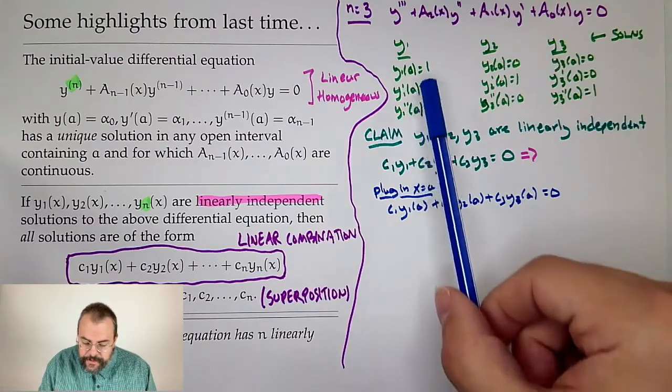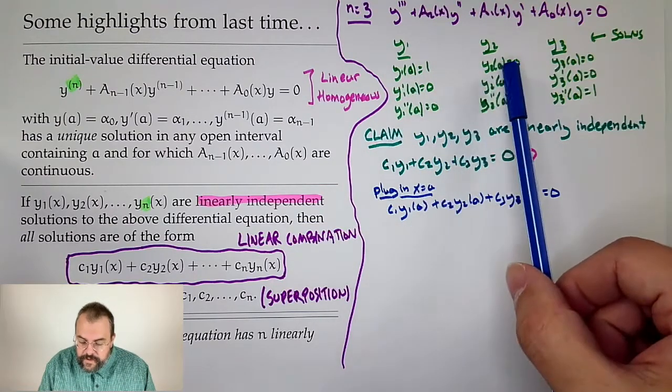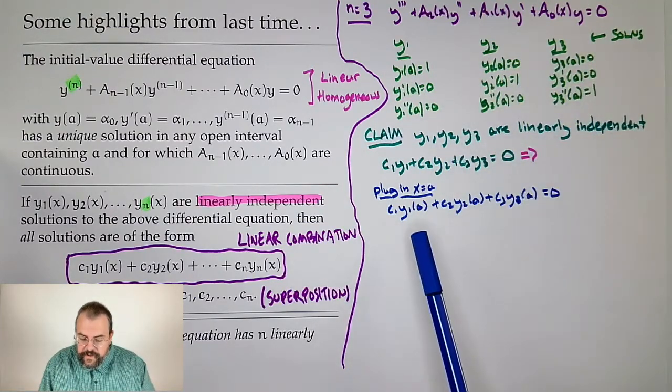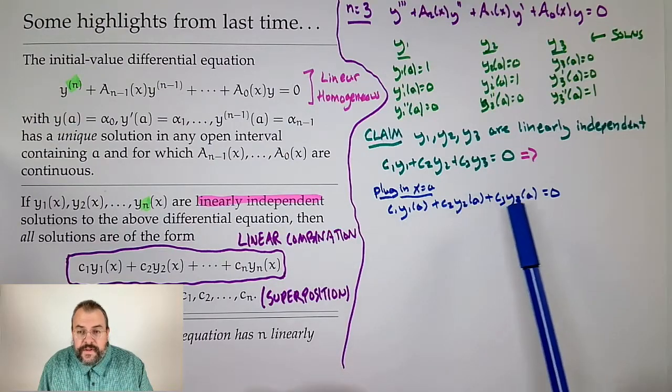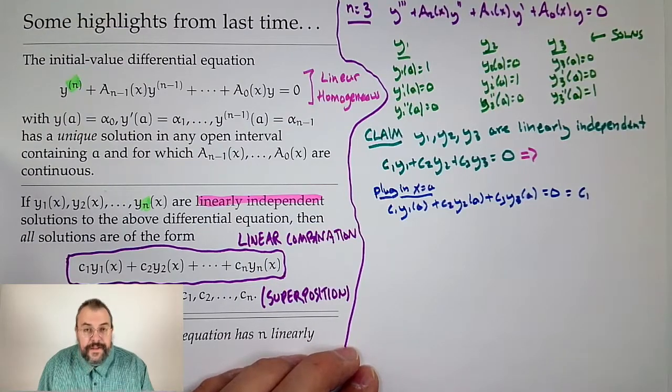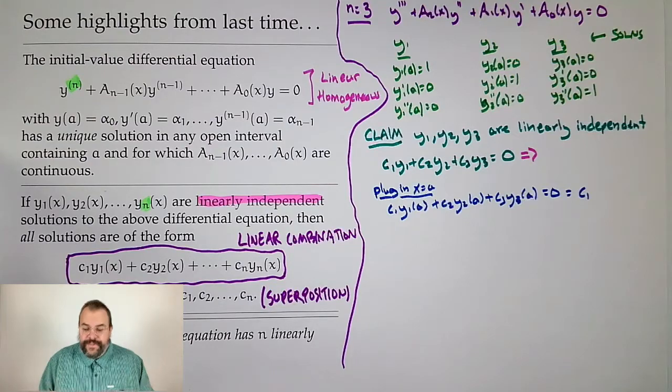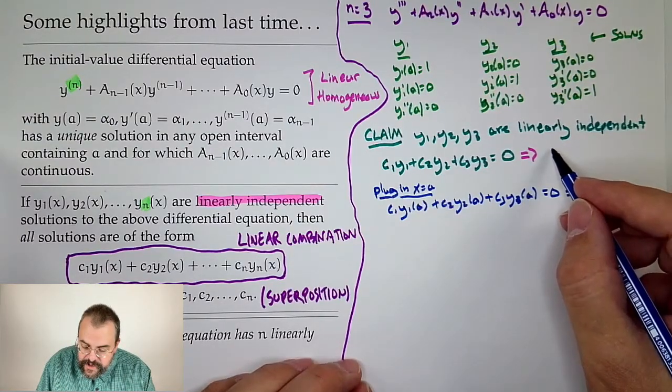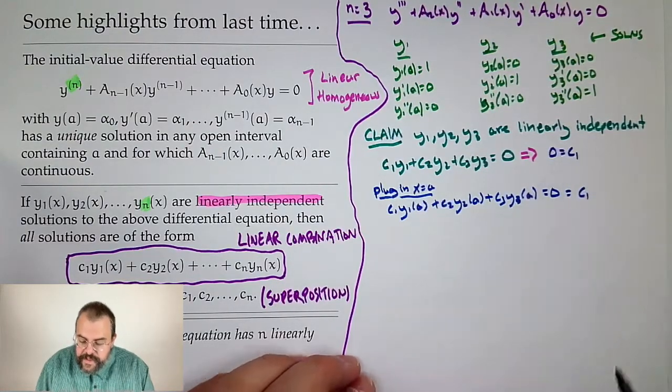Now, what do you see? Well, y1 of a equals 1, y2 of a equals 0, y3 of a equals 0. So we're going to get c1 times 1, c2 times 0, c3 times 0. So really, this becomes just c1 equals 0. Aha! We've made progress. So we've come to the conclusion that c1 equals 0.